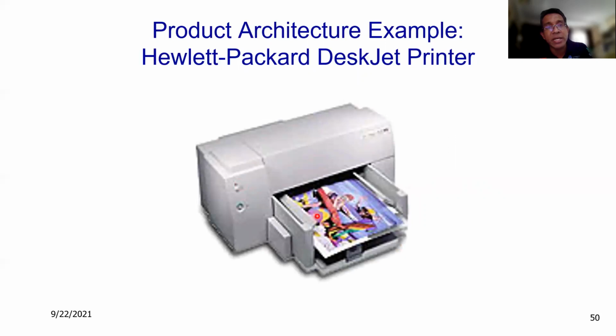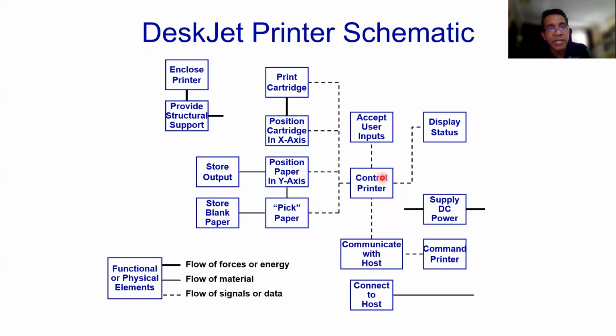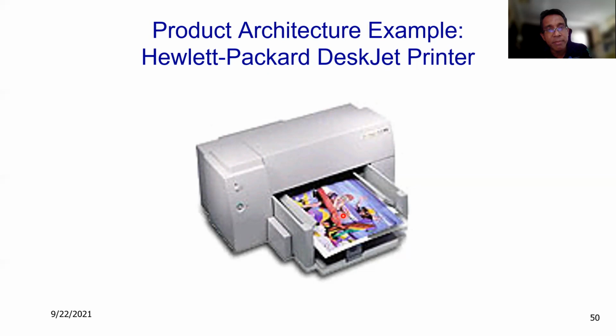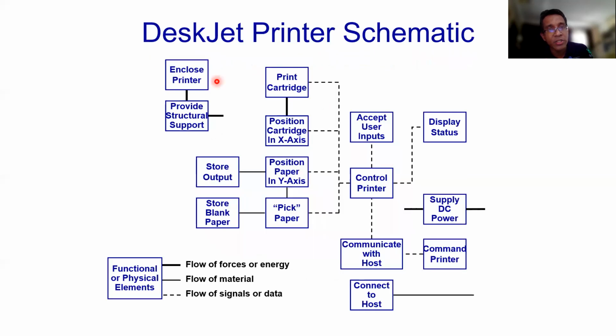So we can make several types. This is the Hewlett Packard example we discussed. We have all these types of printers. We have paper load, paper coming in, coming out. From here we can see how they design the schematic from this part. They get the enclosure, printer, structure support, cartridge: different chunks, different functions.